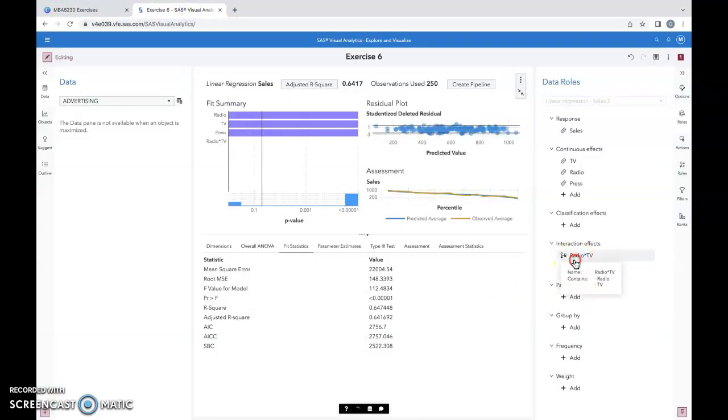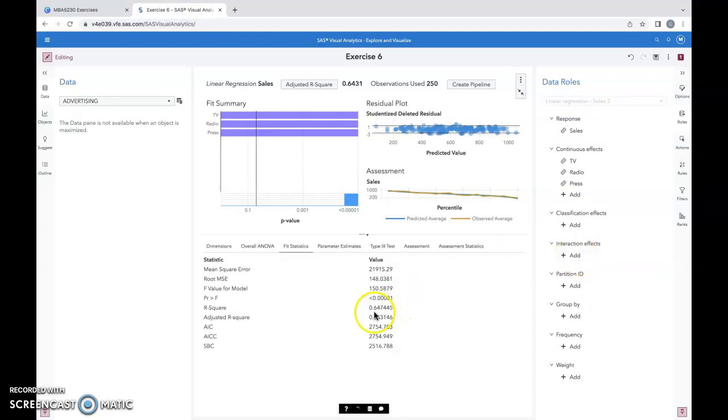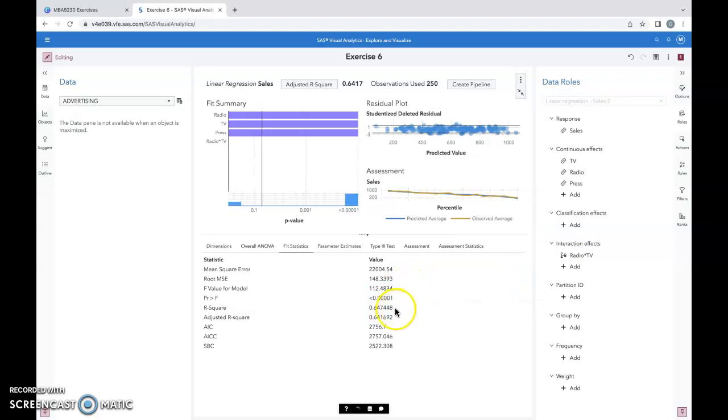And as you can see, the change when removing the interaction effect, the R square is 64.7 and the adjusted R square is 64.31. And adding that, the R square is minimally increased, and the adjusted R square is also minimally increased.